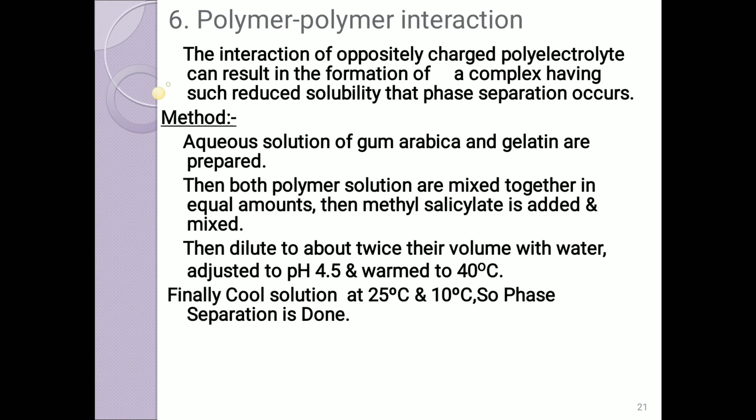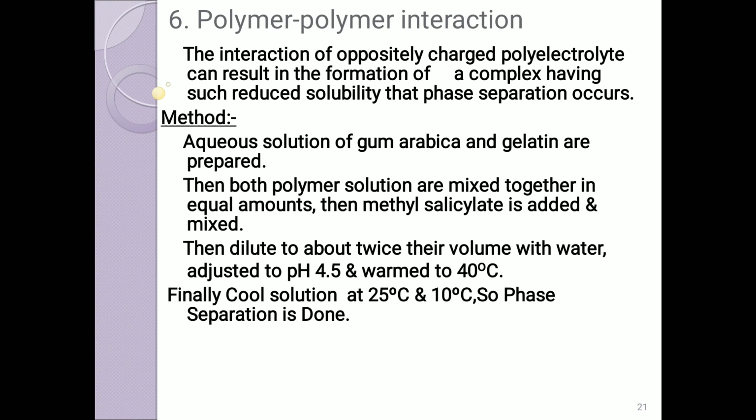So here, when you decrease the temperature, the polymers, gelatin and gum arabic, interact with each other and form a complex, and they are converted into the insoluble form. Previously, when you warmed to 40 degrees Celsius, they were soluble.